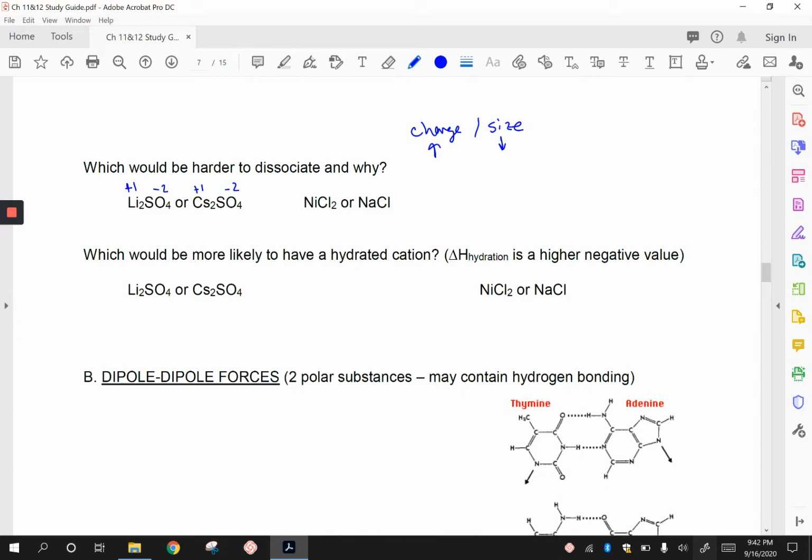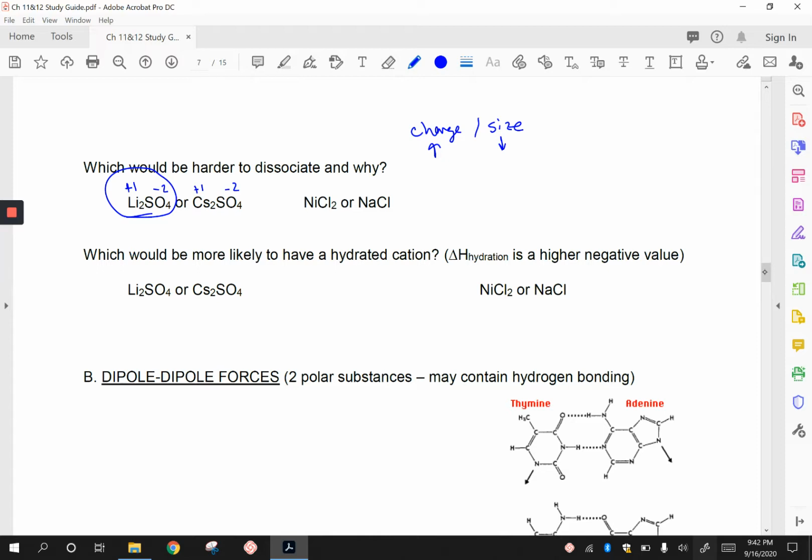And so if the ions are smaller in size, they can be closer, so you can have stronger attractions. So the smaller the size, the stronger the attraction. And so here I have stronger ionic interactions, harder to overcome, harder to dissociate. So the answer is lithium sulfate.